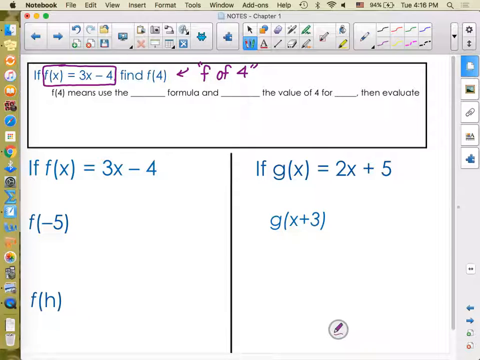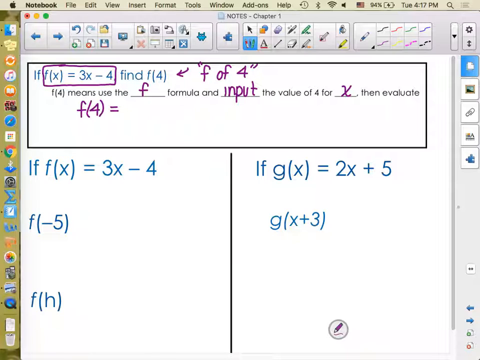F of 4 then means to use the f formula, so we have that, 3x minus 4, and input the value of 4 for x, and then calculate, evaluate. So when they ask me to do f of 4, I'm going to write that.